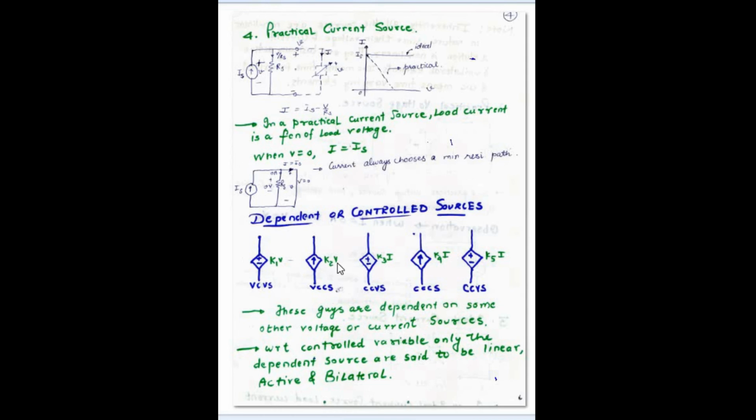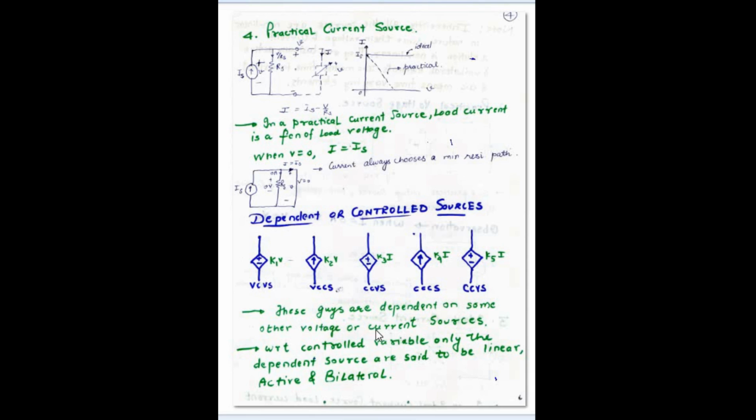Here also voltage is controlling this element, the voltage controlled current source. So K2 into V. Here some current element is controlling this element, so here I. Here also some current element is controlling this particular source, so here I. While here also some current element is controlling this voltage source. So likewise, the names are very self-explanatory.